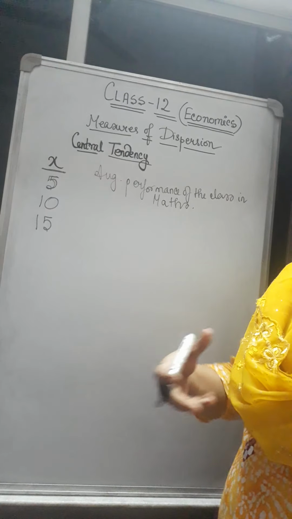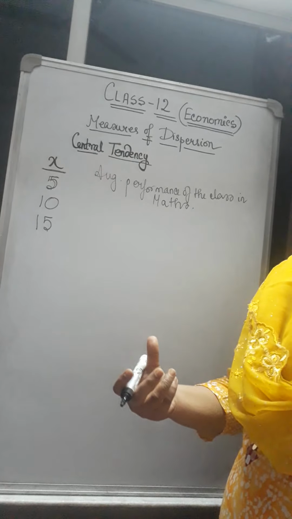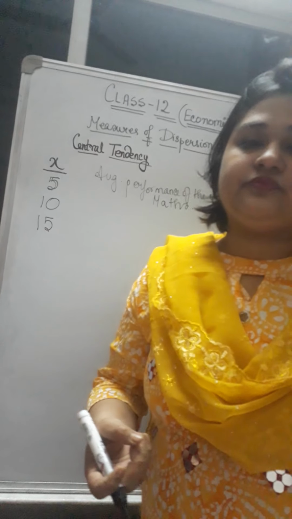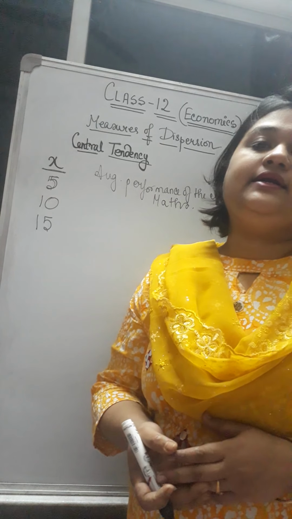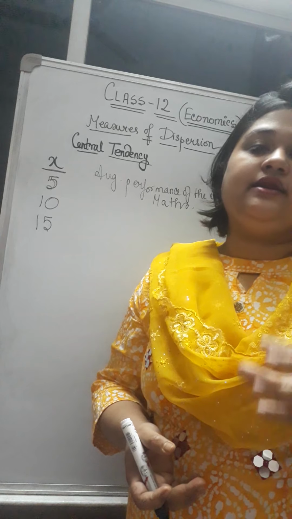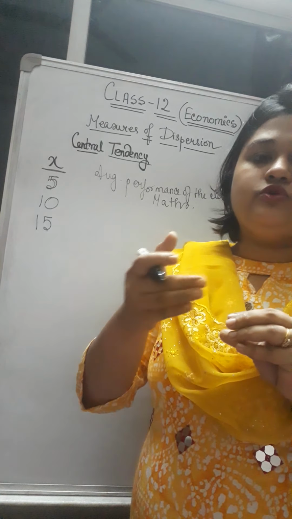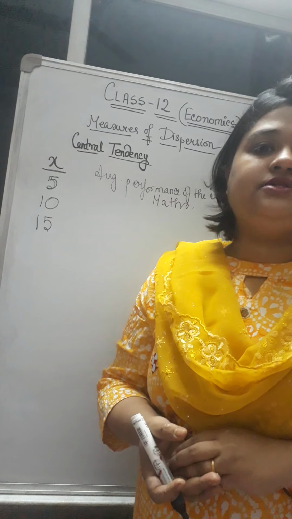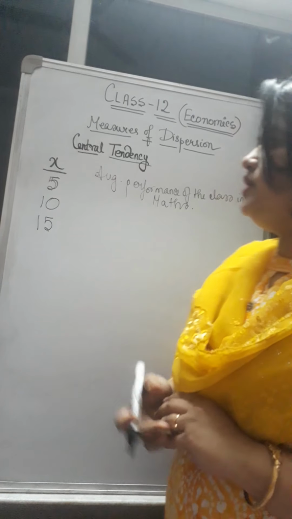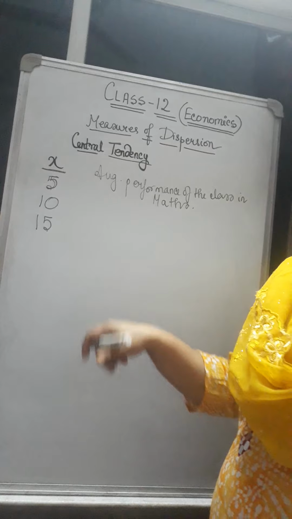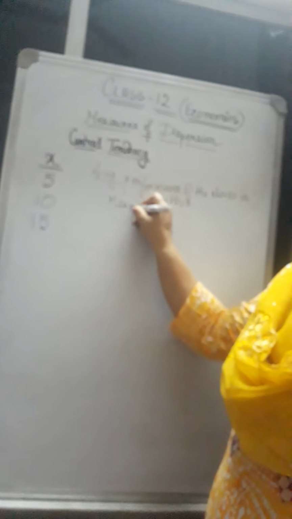But what is their average performance as a class? Average is something that approximates and gives you a result that around this number, almost everybody's number is located. For calculating average you have to find the mean. And how to find mean?